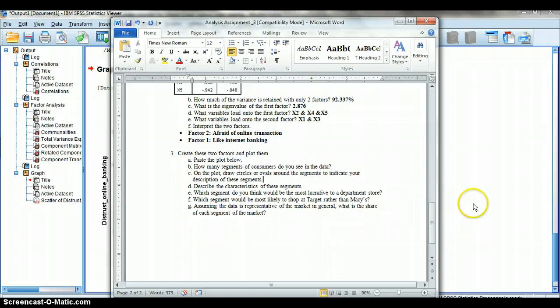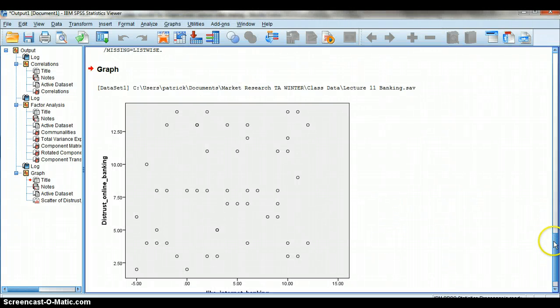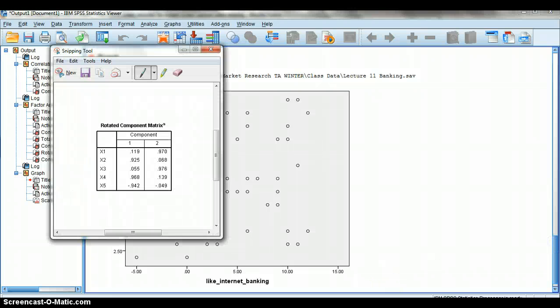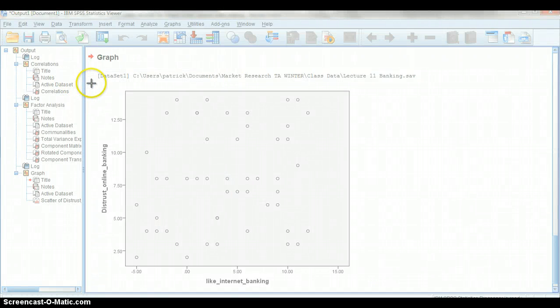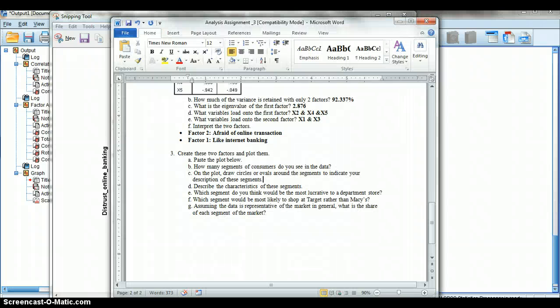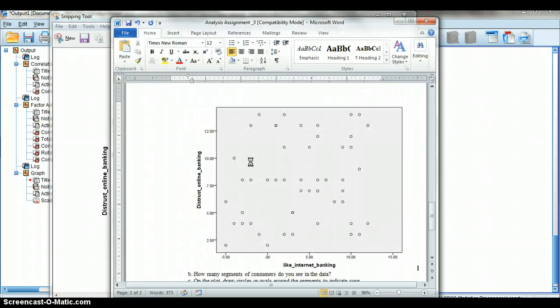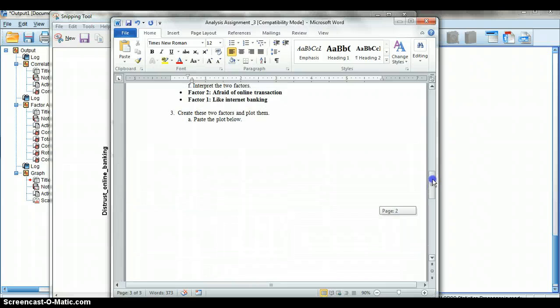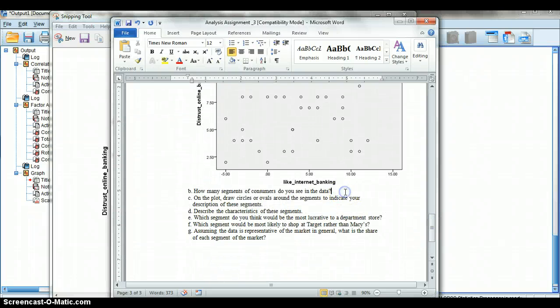Let's go back to the question. So I have to paste the plot below. I'm going to use the snipping tool. Awesome. So B, how many segments of the consumers do you see? And C says draw circles around the segments to indicate your description of these segments.